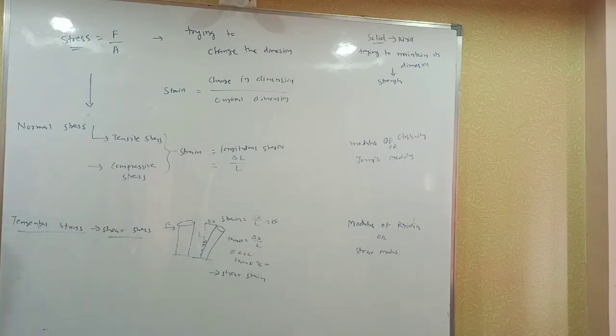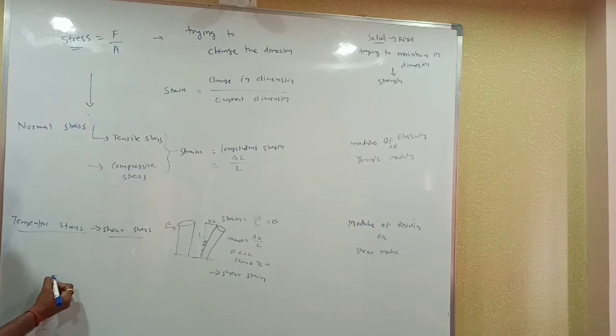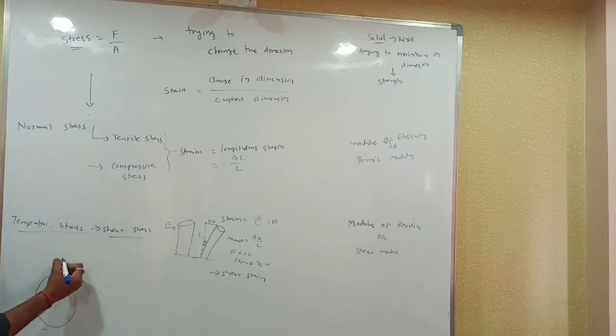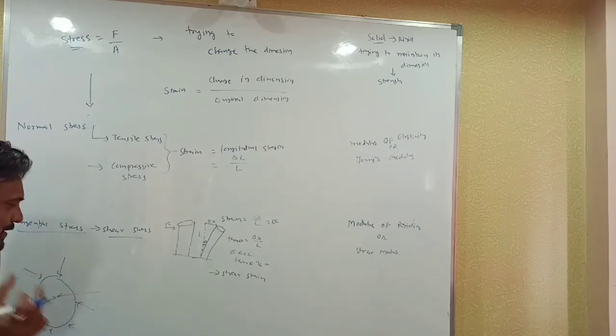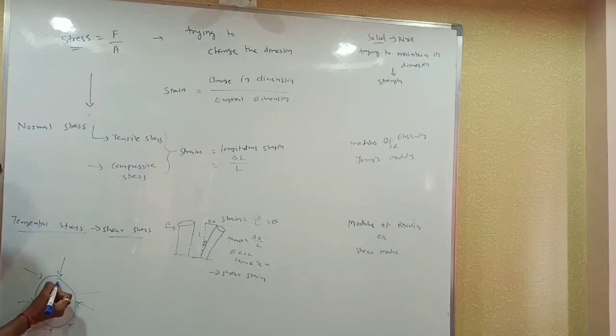shear stress. But when we apply force on a component, suppose this is a sphere, and I apply the force toward the center, from the opposite side, and in all directions, then not a single dimension will change, but the whole volume of the body will change.